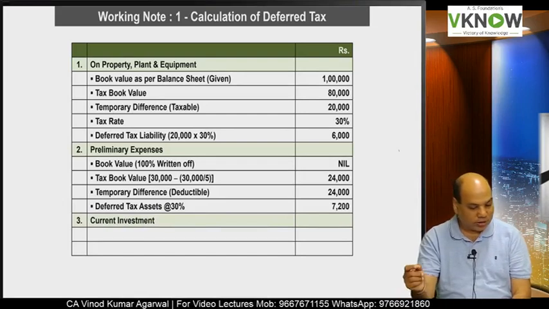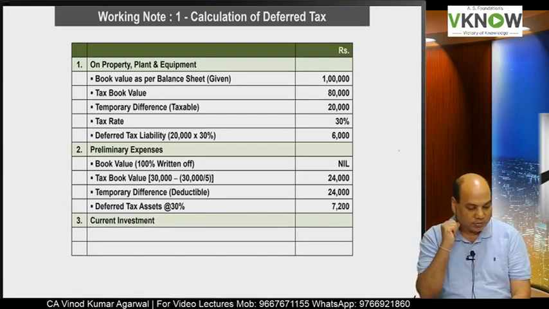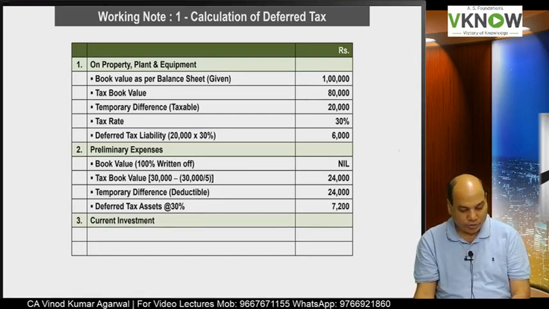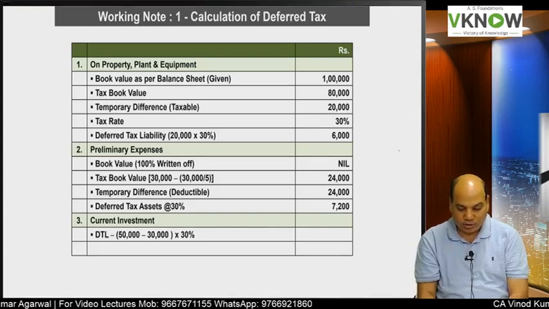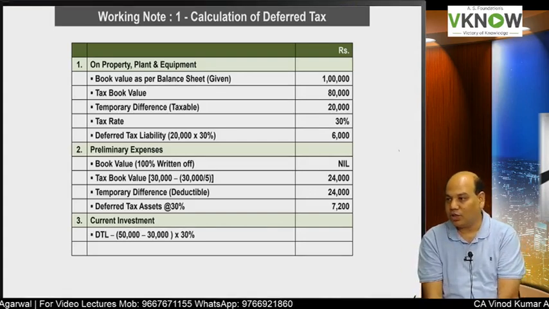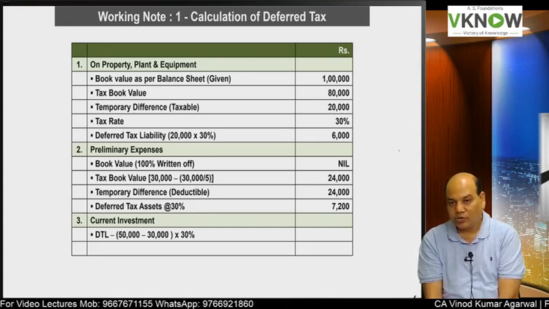Then you can insert one line there, current investment. One line above actuarial gain, insert current investment, and you can continue in the same line, DTL. It will give rise to DTL. How much? 30,000 is the book value. Later on it increases to 50,000.